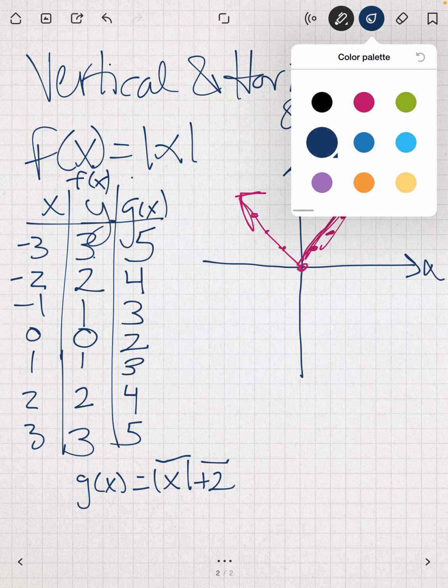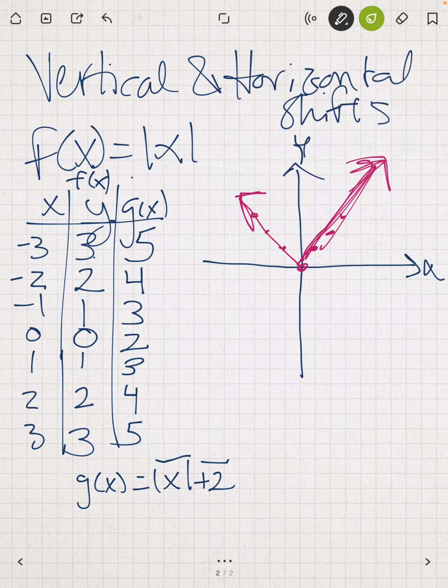Let me pick a different color. I'll use green. We plot those points. So at 0, we're at 2, and we go up 1, up 1, and up 1. Now if we draw that, that's our g of x.